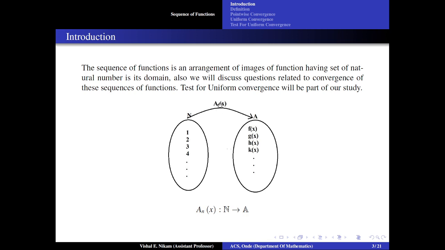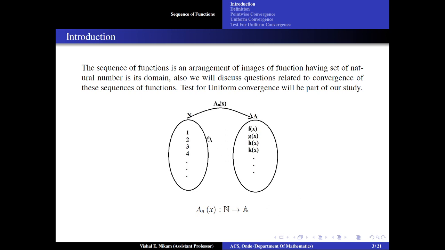So for n equal to 1, 2, 3, 4, this function maps 1 to one of these elements. Suppose 1 maps to f of x, 2 maps to g of x, 3 maps to h of x, and 4 maps to k of x. Then the sequence of functions is f of x, g of x, h of x, k of x, and so on.